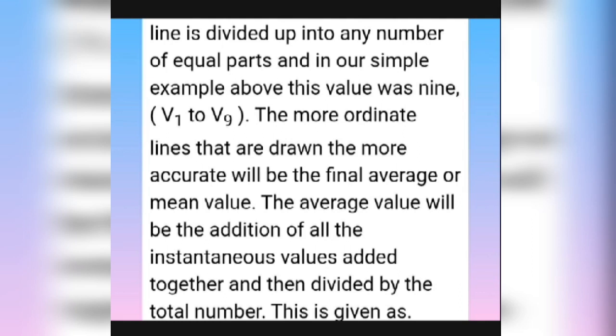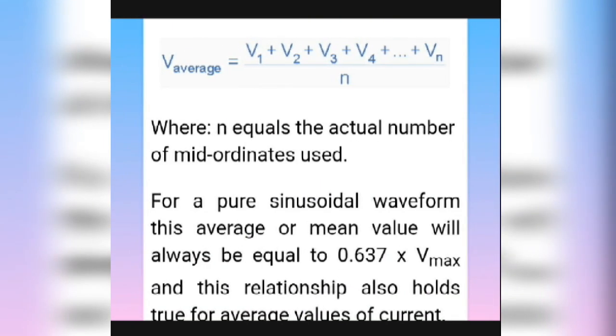The average value will be the addition of all instantaneous values added together and then divided by the total number. This is given as V average equals V1 plus V2 plus V3 plus V4 up to V9 divided by n, where n is the equal number of mid-coordinates used.